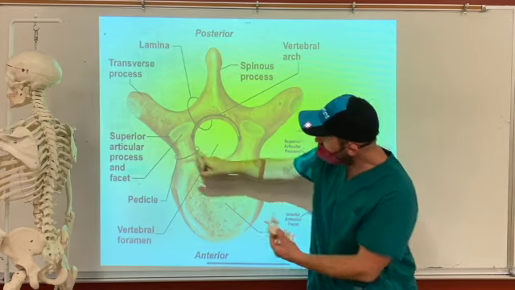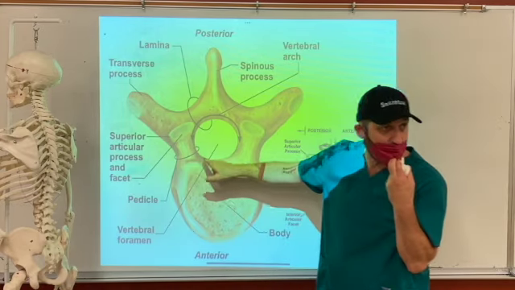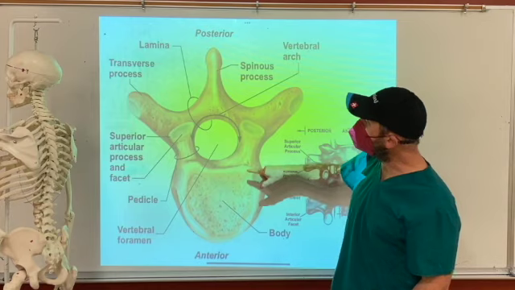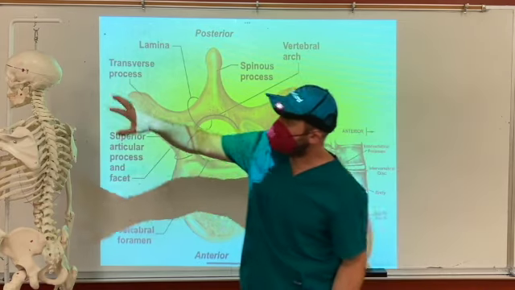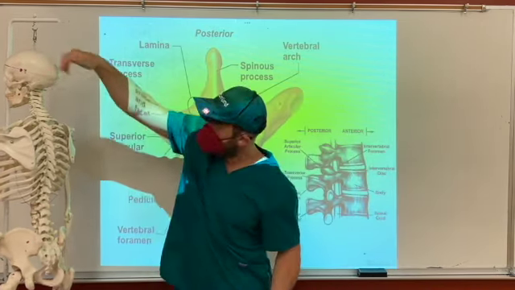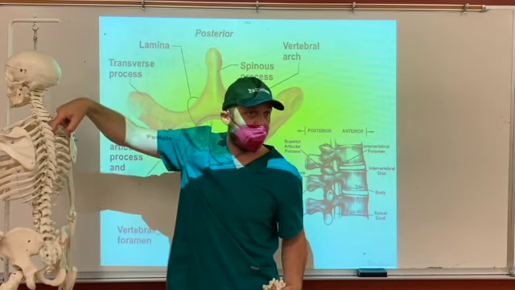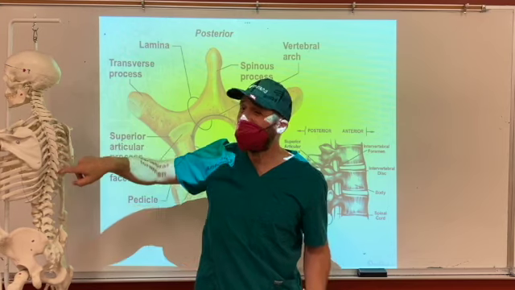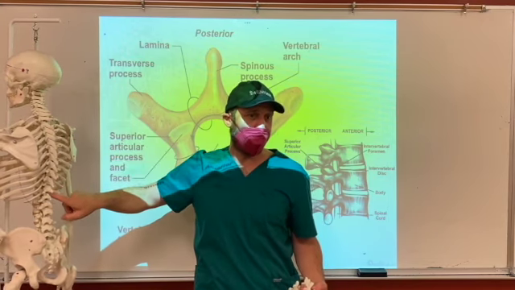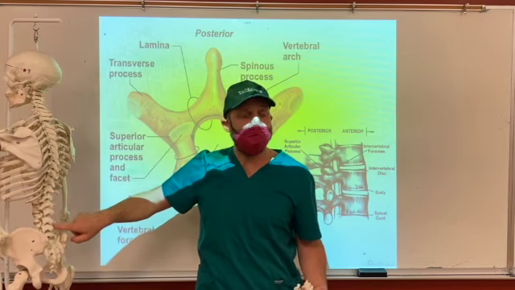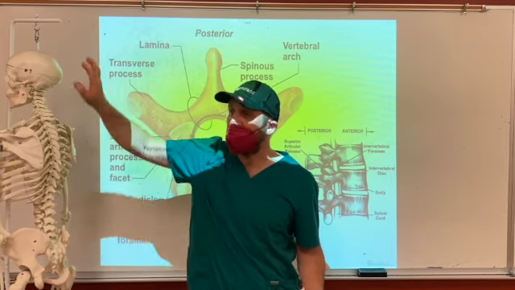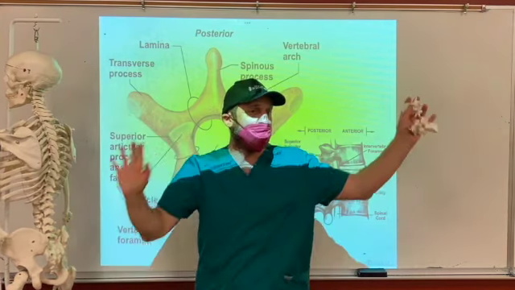From the body, we got these two big pillars that come up. Actually, let me go backwards a little bit. Let me explain something. Here you got the brain. And the brain goes down, and then down here we got the spinal cord. It's kind of like an extension of the brain, the spinal cord. And it then talks to the body. Because the brain controls every function in the body.